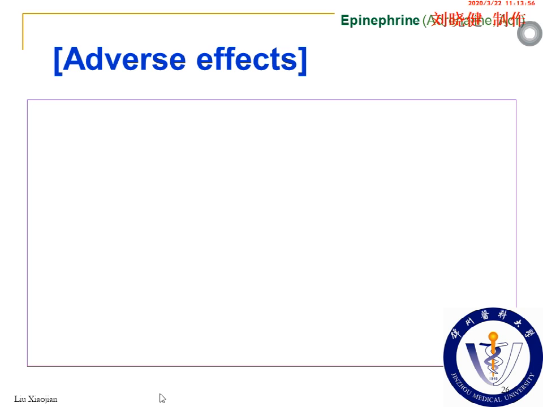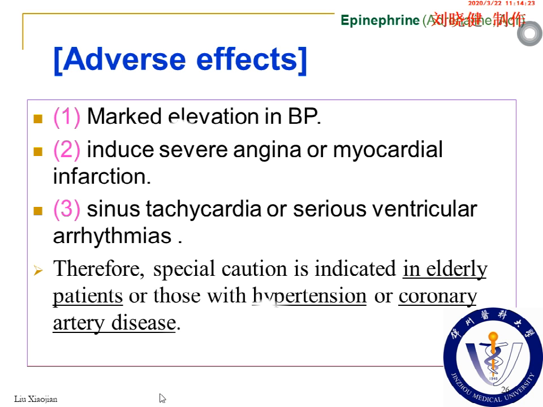These adverse effects are also based on its pharmacological effects. When some pharmacological effects are not the objective of using epinephrine, they contribute to adverse effects, or even some overactivation of these receptors contributes to these toxic reactions. Yeah, now look at it.